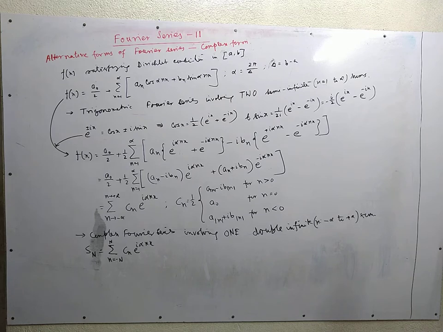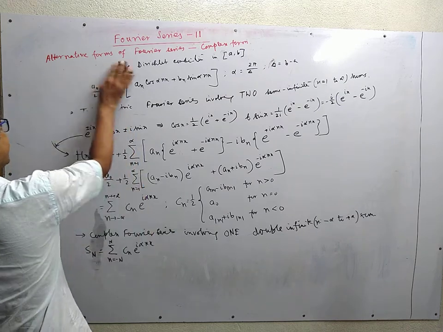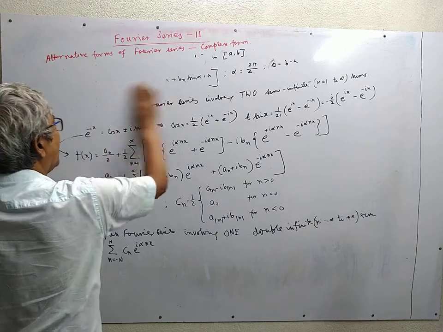Now the thing is to find out the expansion coefficients. Earlier we have found that the Euler expressions for determination of the Fourier coefficients were different for A0, An and Bn. Here we will have a single expression, and let me check how to find it out.